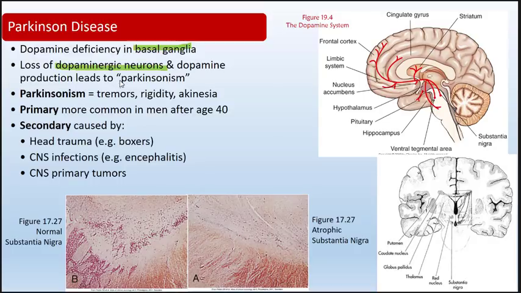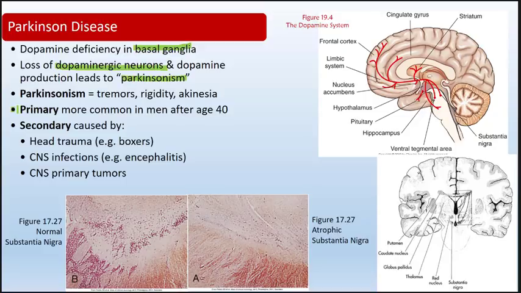And this deficiency can lead to what's referred to as Parkinsonism. Parkinsonism is any condition that causes a combination of movement abnormalities that are seen with Parkinson's disease. This usually includes tremors, slow movement, rigidity, and akinesia. Akinesia is defined as a decrease in voluntary and associated movements of the body.